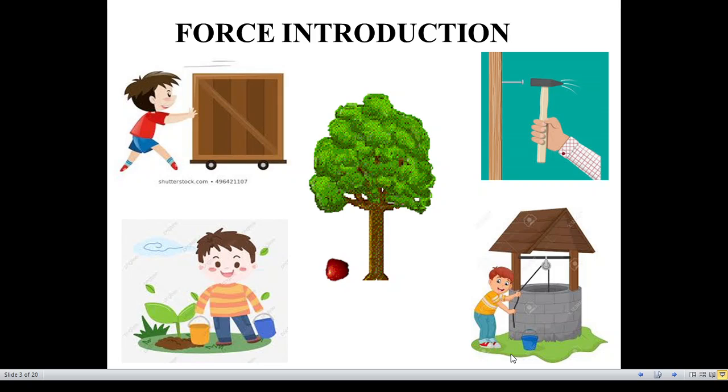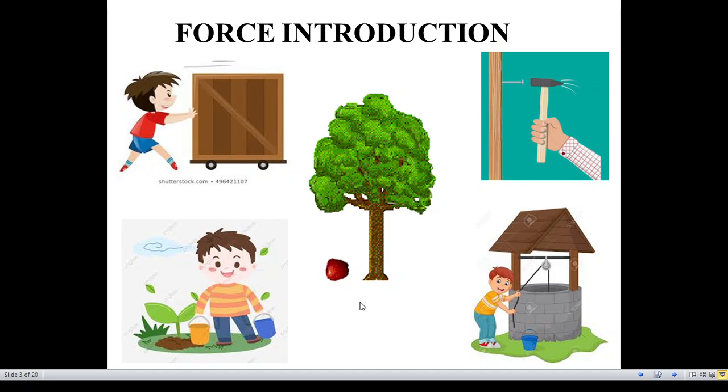Force introduction. You see all these pictures. In the first picture a boy is pushing a block of wood, and in the second picture another boy is carrying a bucket of water, and this boy is pulling a bucket of water from the well, and he is hammering the nail in a wooden board.